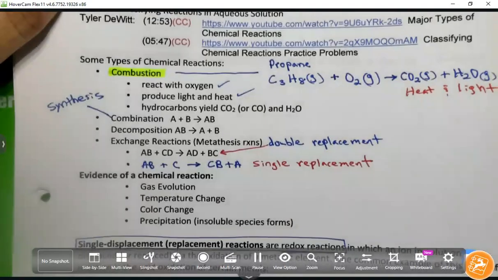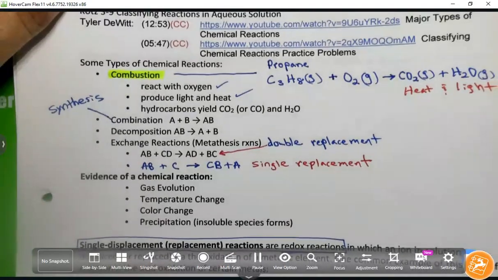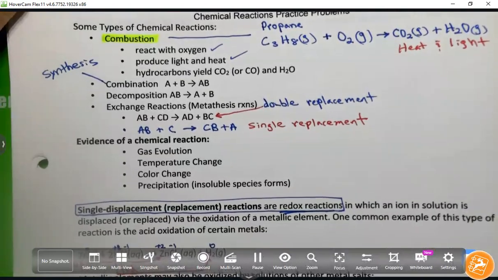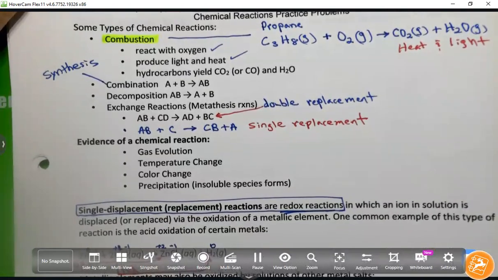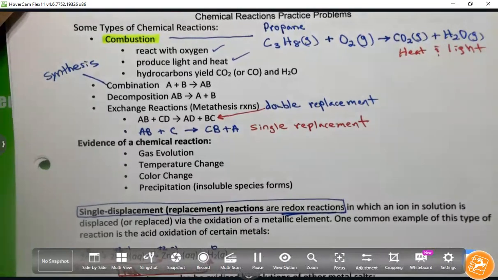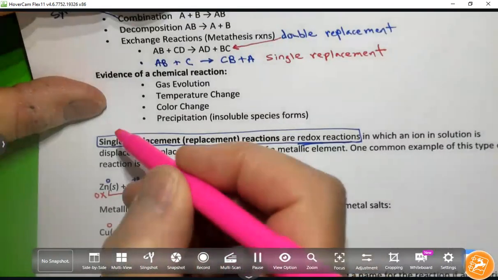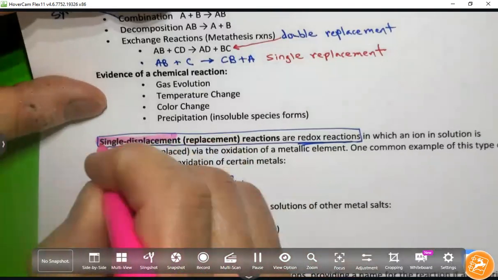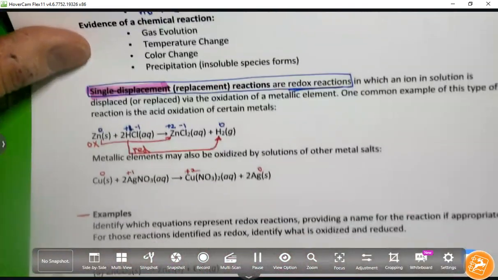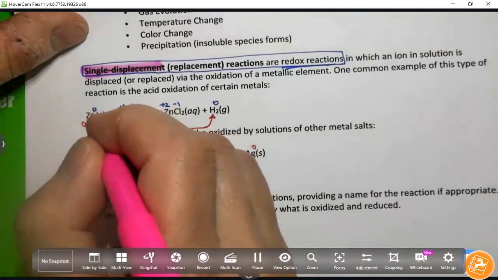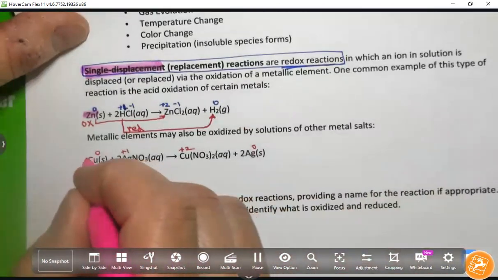So this is on page 18. So on page 18, these are some examples of single replacement. And where is the single one? Right here and right here.